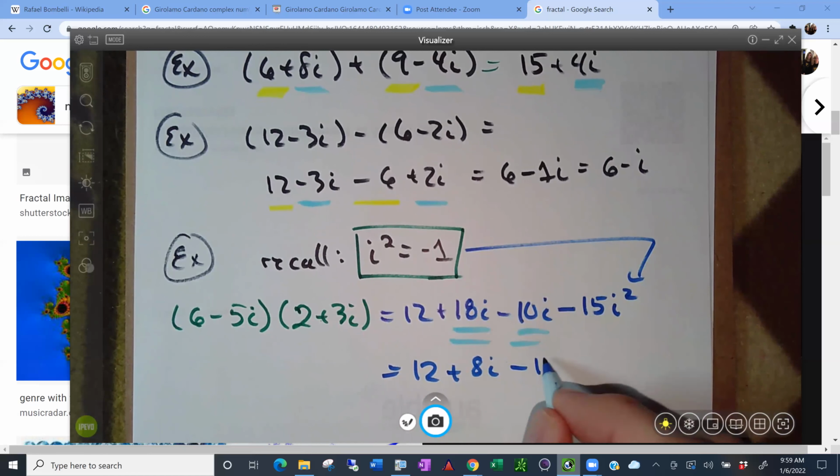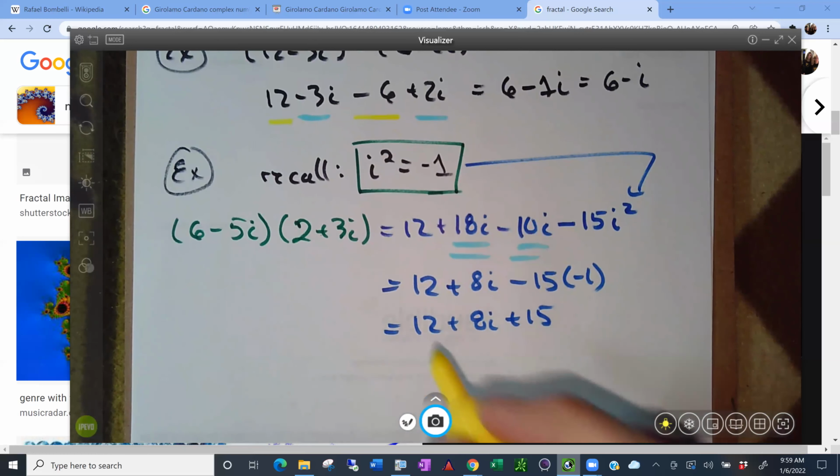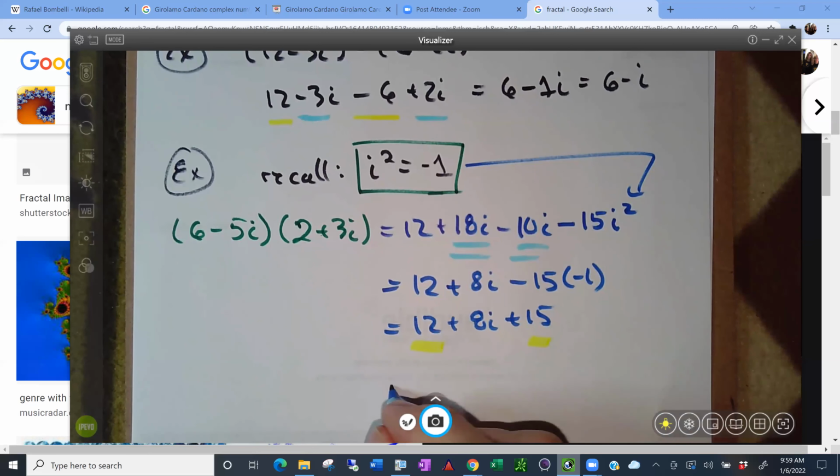So that's really like minus 15 times negative 1. And minus 15 times negative 1 is really just plus 15. And now, these are like terms. I can add those together. I end up with 27 plus 8i. Beautiful. That's exactly what I was looking for.